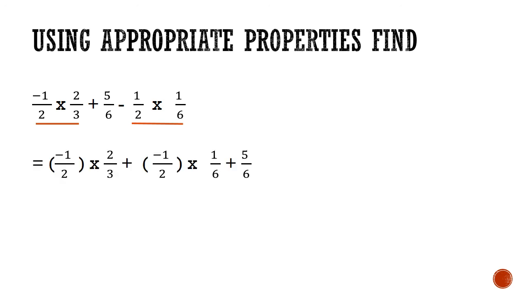Okay, now see, minus 1 by 2 I put in the bracket so that you can easily make it out. Minus 1 by 2 into 2 by 3 plus minus 1 by 2 into 1 by 6. See, that minus is also taken along with that 1 by 2 and put plus in the front. On multiplying you get back the same term.